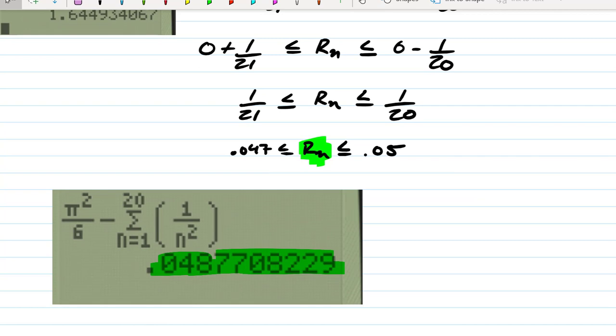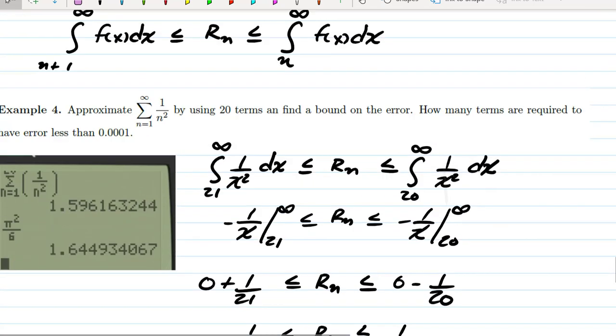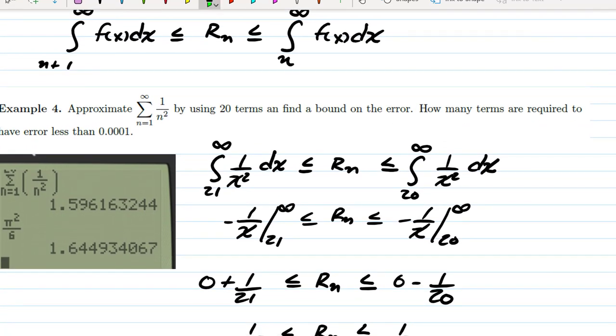So this gives us an indirect method for determining the remainder of the series. And that leads into our second question, which is, how many terms are required to have an error less than 0.0001?